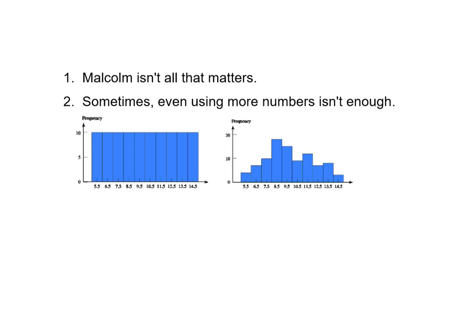Sometimes even using more numbers isn't enough. Data distributions with different shapes can have the same mean and standard deviation. Take a look at these histograms right here. Both histograms summarize data sets that have a mean of 10 and a standard deviation of 2, yet they have completely different shapes.